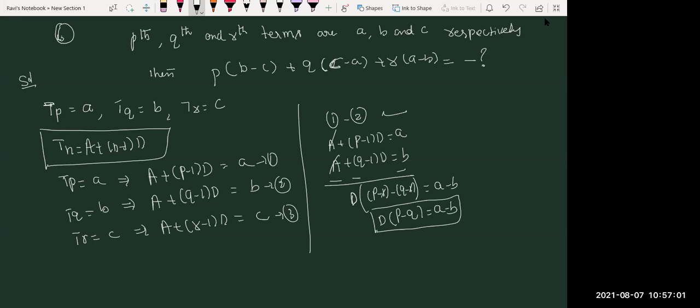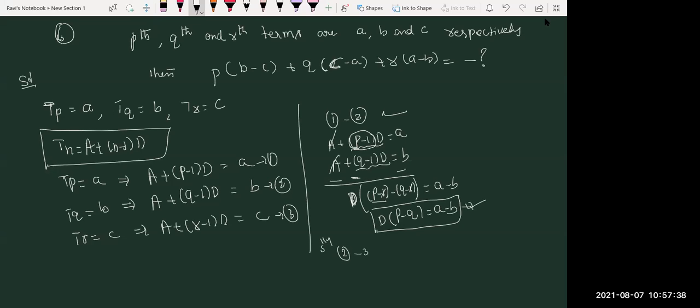D is common. In the first it is P minus 1, in the second Q minus 1, with a minus between them, so plus 1 and minus 1 cancel. We get D(P minus Q) equals A minus B. Understand?